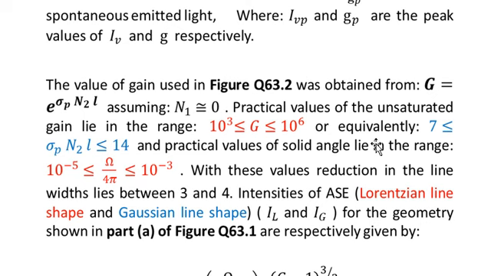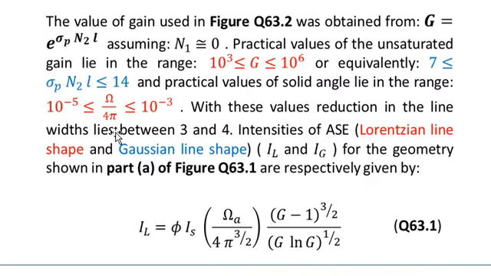Or equivalently, for the values of sigma p into n2 into L lying between 7 and 14. And the practical values of the solid angle lie in the range sigma over 4 pi from 10 to the power minus 5 to 10 to the power minus 3. With these values, reduction in the line widths lies between 3 to 4 times.